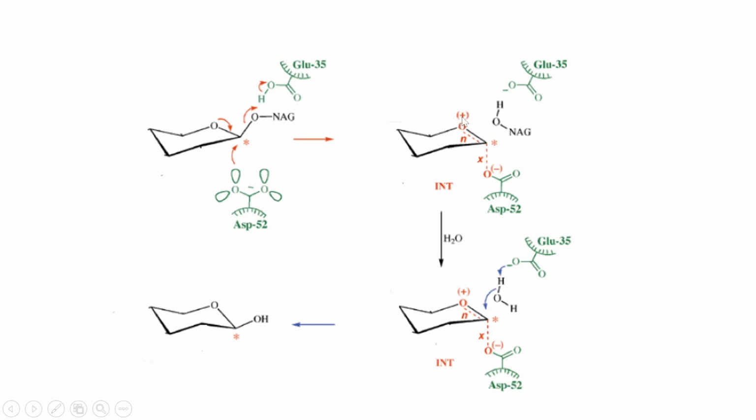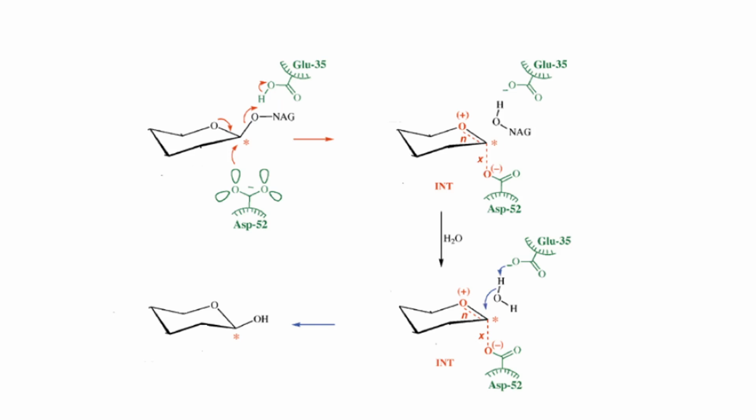This O positive is stabilized by the negative charge of the aspartic acid. So this is a charge stabilization. There is no bond formation between the negative oxygen and positive oxygen, but there is a non-bonded charge stabilization.